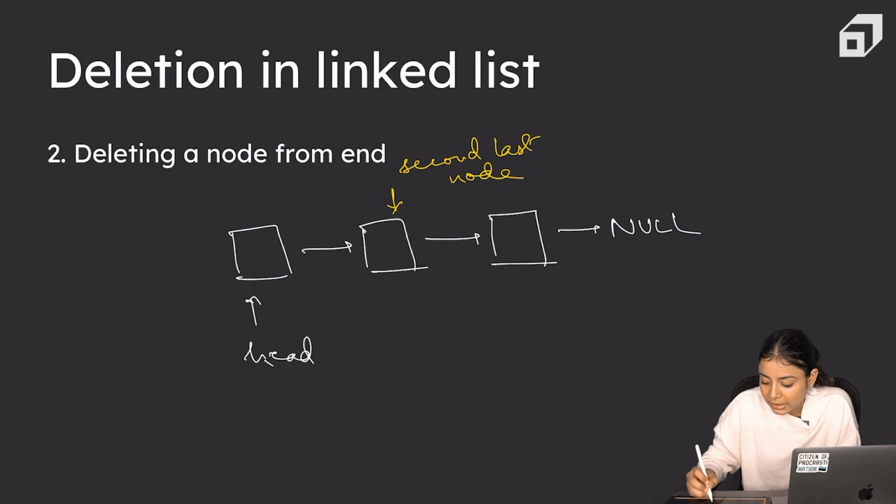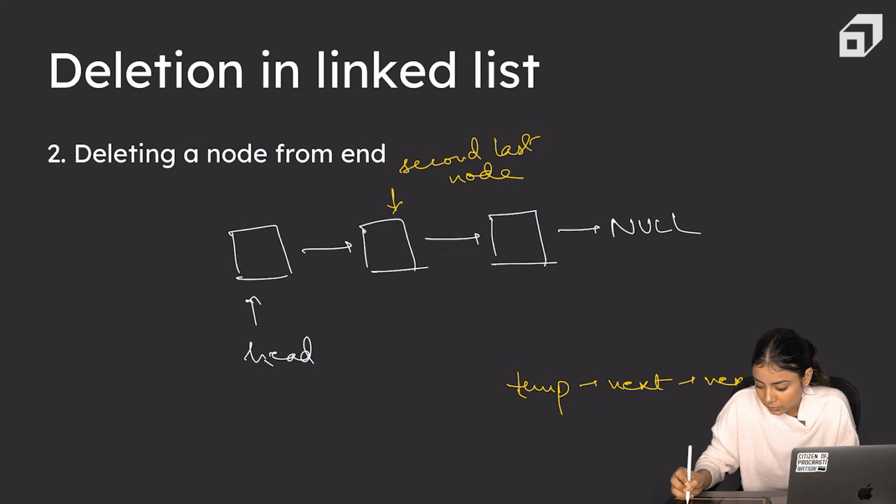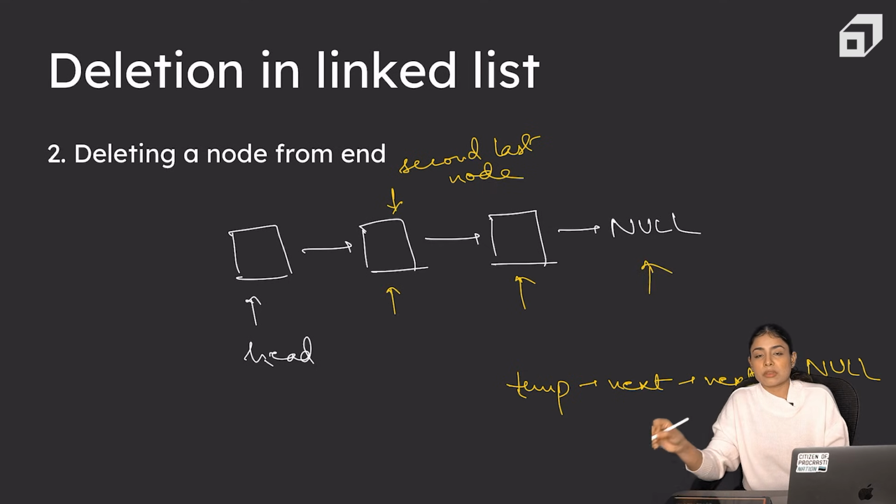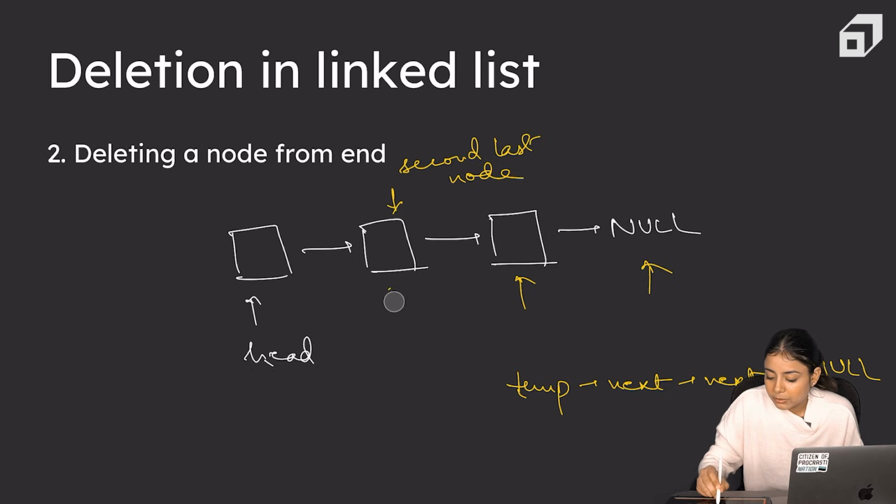How will I find the second last node? When my temp pointer's next next becomes null, that means I've reached the second last node.